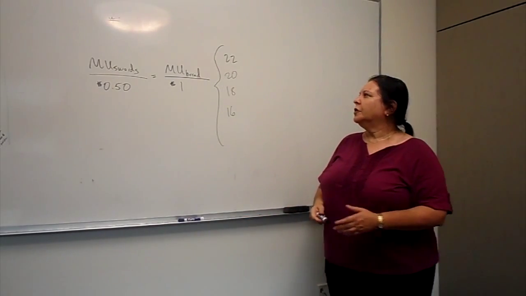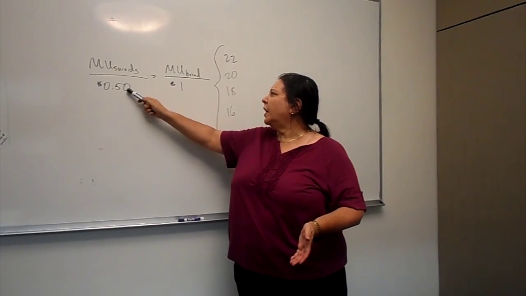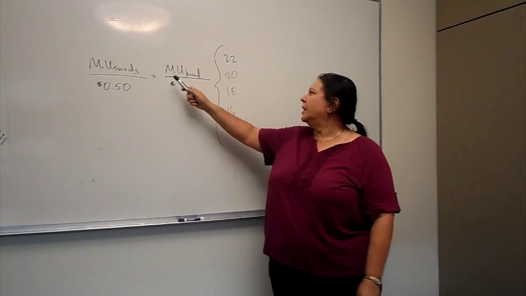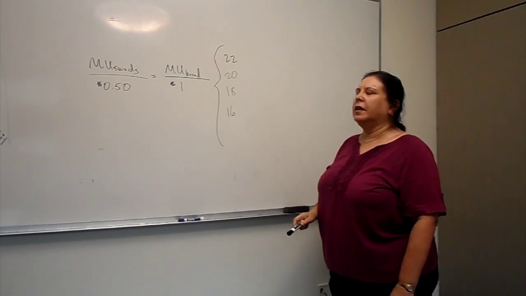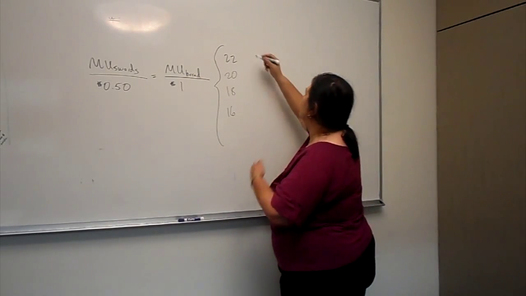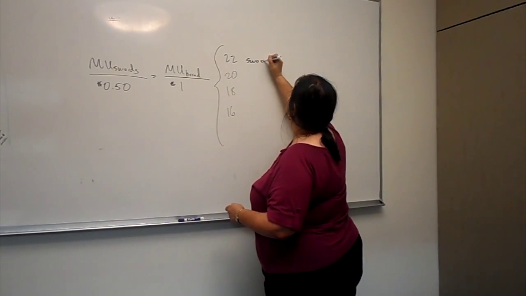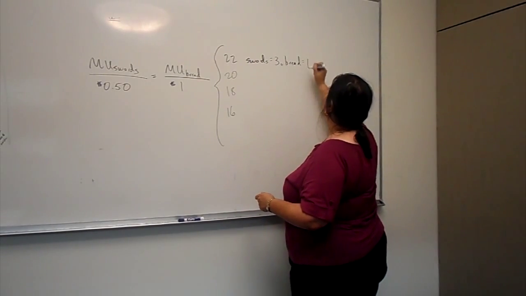Okay. So what we're looking for is when the marginal utility of swords divided by the price of 50 cents equals the marginal utility of bread divided by $1. So those two things equal 22 when swords is 3 and bread is 1.